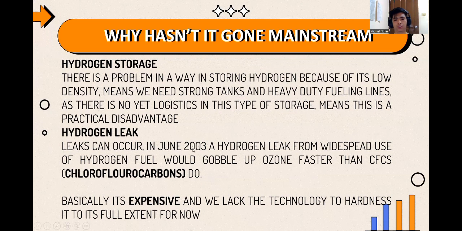In June 2003, hydrogen leak from widespread use of hydrogen fuel may gobble up ozone faster than CFCs, chlorofluorocarbons too. Basically, in summary, it's expensive and we lack the technology to harness it to its full extent for now.